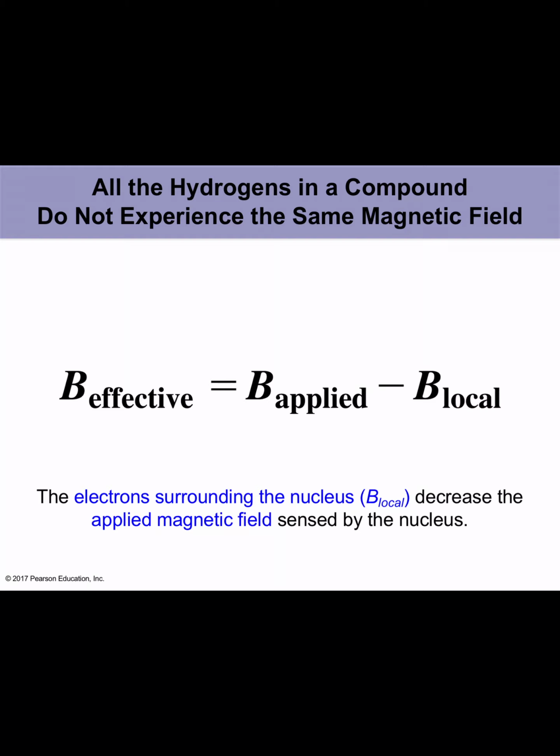That depends on the electron density on the hydrogen, whether it is going to feel more or less applied field, and that gives us B effective. The electrons surrounding the nucleus are the B local. They decrease the applied magnetic field sensed by the nucleus, because we are applying a magnetic field, and the little electrons on the hydrogen also act as a magnet. So there are two magnetic fields.